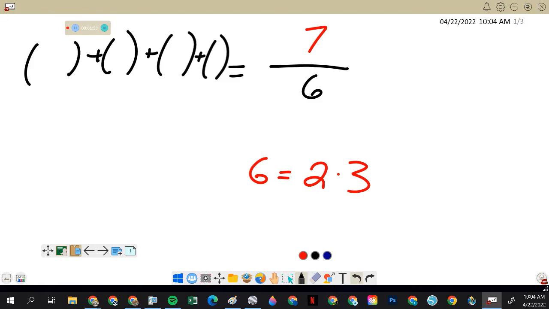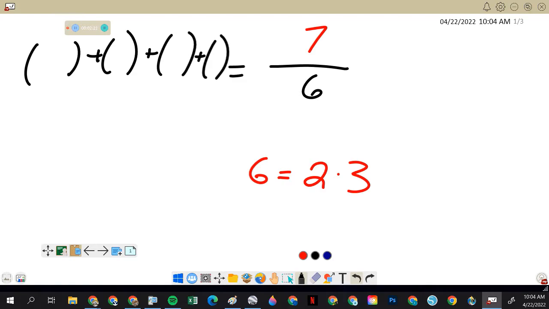The rules are every single fraction on the left side has been simplified. Okay? So every fraction on the left side is simplified. That's one of our rules. The other rule is none of the fractions on the left side are whole numbers. Okay?